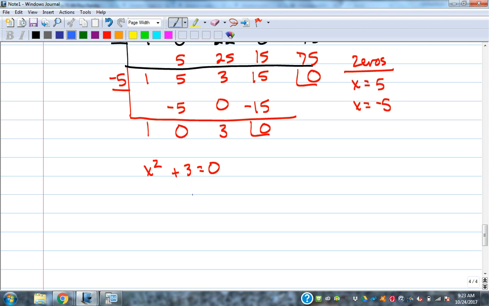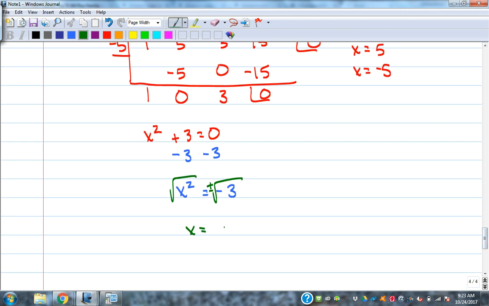Or I could just do square roots. Subtract 3, and then take the square root of both sides, plus or minus on that side. Square root of -3, what comes out? An i. So it's plus or minus i radical 3. Positive i radical 3, negative i radical 3.